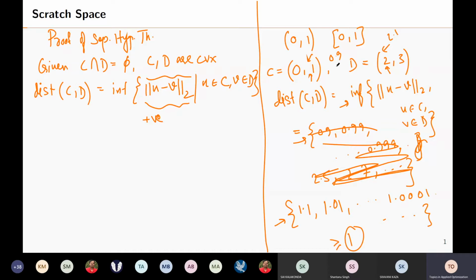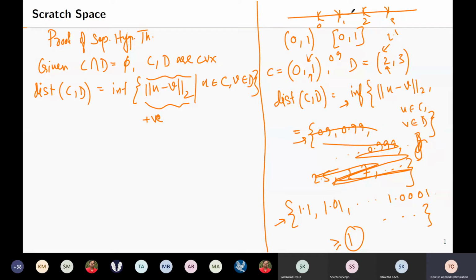We take all possible distances, and we don't exactly get 1, because 1 would be when I do 2 minus 1. If I draw it on the line, I have 0 here, 1 here, 2 here, and 3 here. This open interval is here, and this open interval is here.